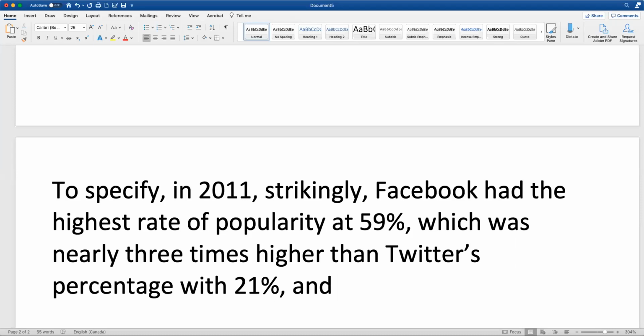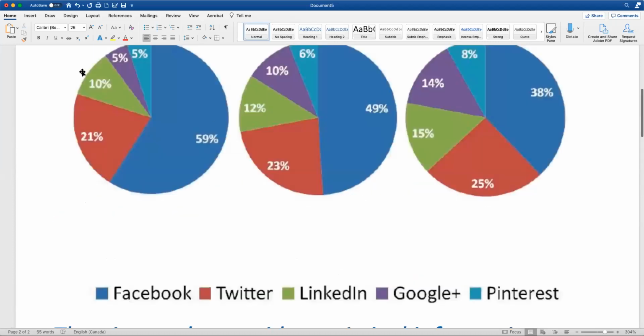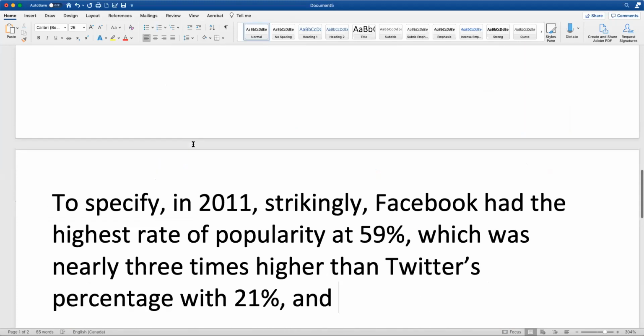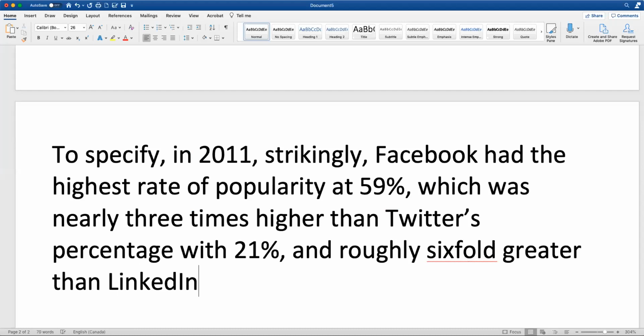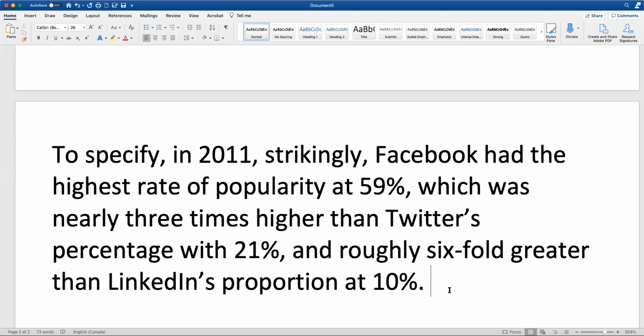And let's compare it to the last one. We can say threefold. Let's compare here 10, sixfold, right? And roughly sixfold greater than LinkedIn's proportion at 10%.